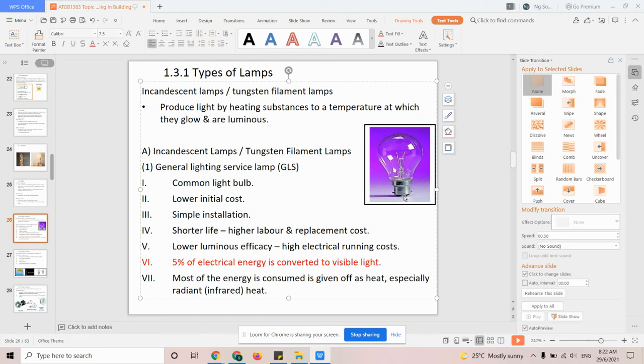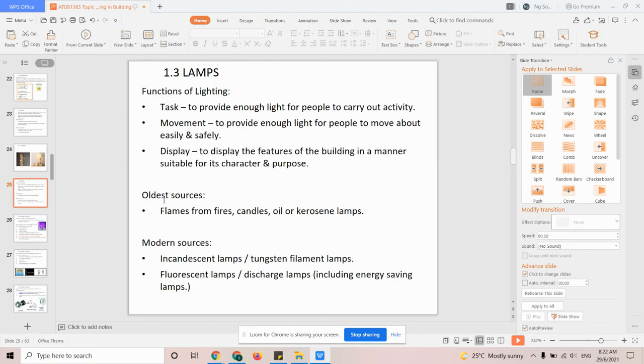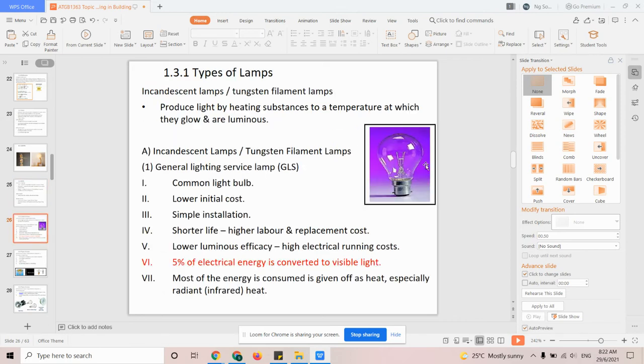Once electricity is passed through this thin material, it has a resistance. So when you pass energy through a material, it has a resistance. It actually gets very, very hot, and that is where the light comes from. So it's not perfect, but it's a controlled fire, as opposed to just a flame where you light up stuff. So this is the first modern lighting available.